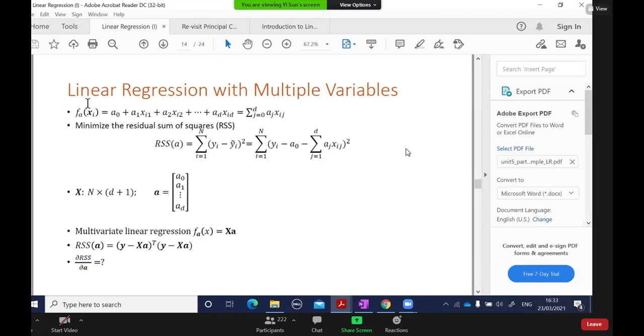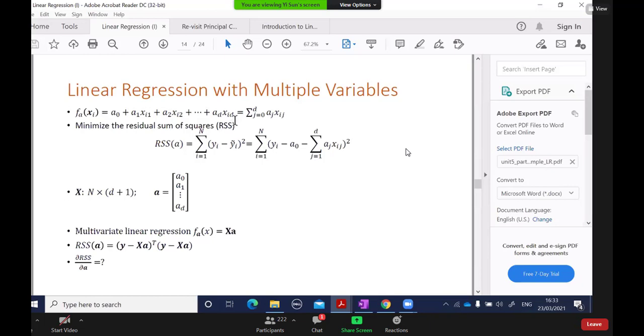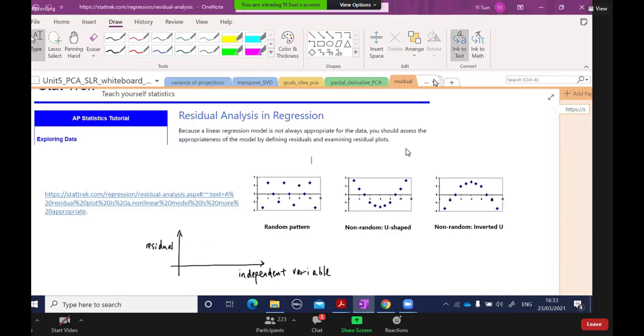That is the linear regression model, and the input here is not one single variable anymore, it's a vector. We may have more than one. In this case, we have D features, but this i is an index for the number of data points. So what I mean is here.